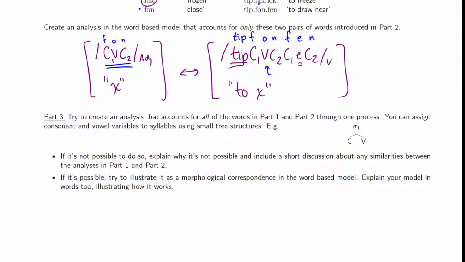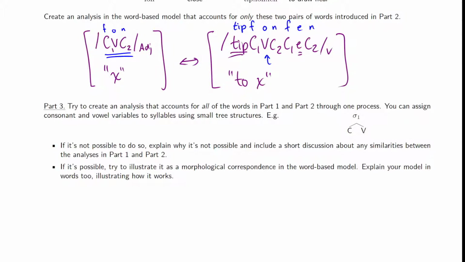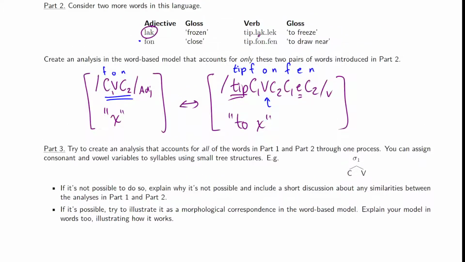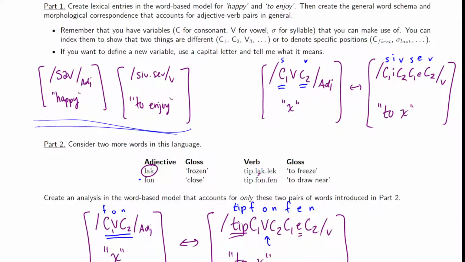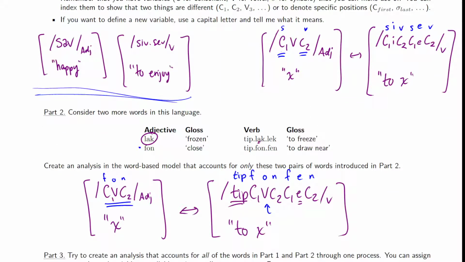So the final question is, can we account for both of these processes with one model? And more importantly, this actually didn't ask whether you had to create something in the word-based model or not, just whether or not this was the same process. And the answer to this is sort of yes and sort of no. So it's not exactly the same process because there's the set of adjectives in part 2 that go to 3 syllables.